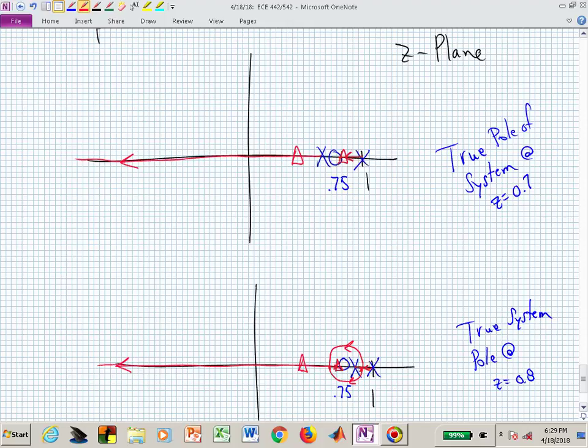But now one of those modes is almost canceled by the zero. So although it will influence you, and it may be a very slow tail, the majority of the system will be determined by that sort of isolated triangle giving you the closed loop behavior. So yes, you will have a tail, but you won't see that tail very much because it's almost being canceled by that zero of your controller.